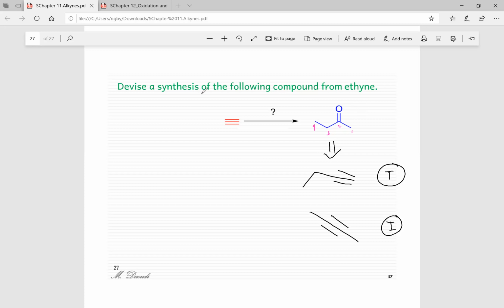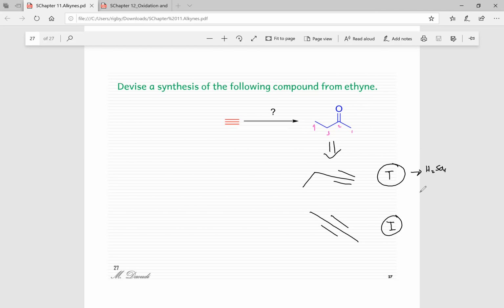But one thing to note is that with this terminal alkyne, we can only do hydration using an acid. We cannot do the hydroboration-oxidation, because again, the hydroboration-oxidation of a terminal alkyne will end up being an aldehyde and not a ketone. This internal one, we can do either one.